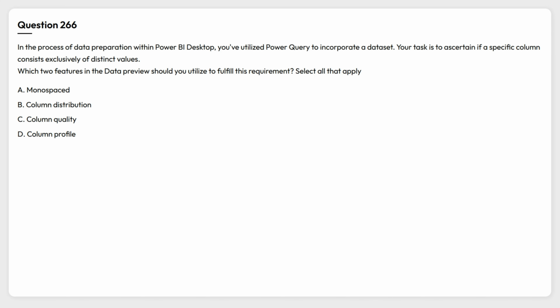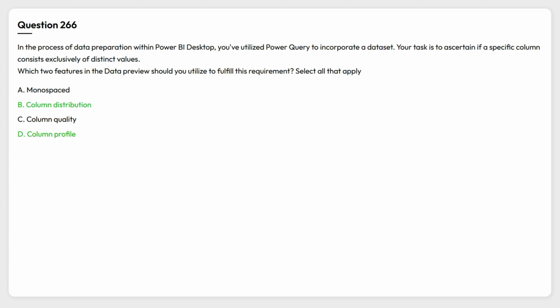Which two features in the data preview should you utilize to fulfill this requirement? Option A, monospaced. Option B, column distribution. Option C, column quality. Option D, column profile.